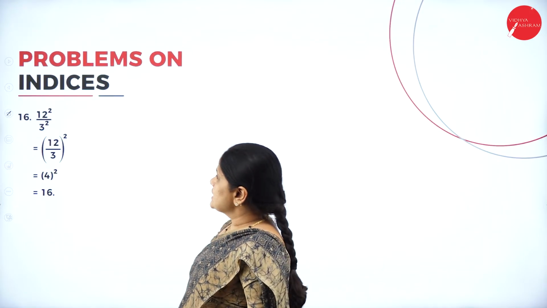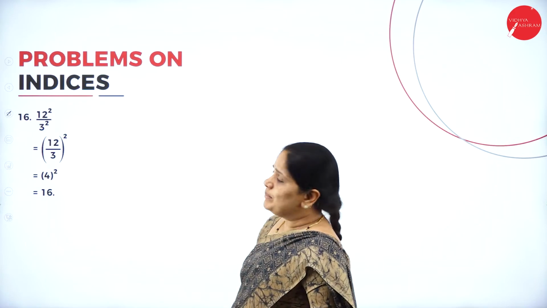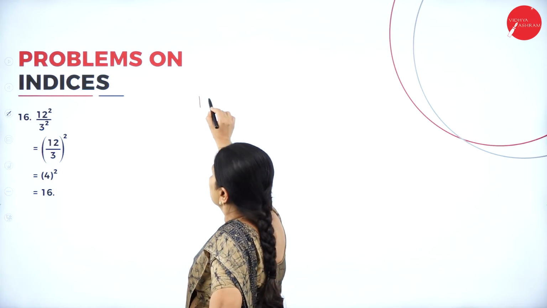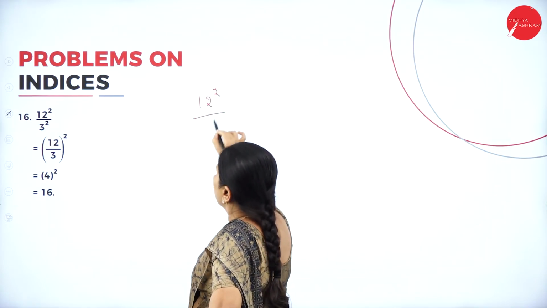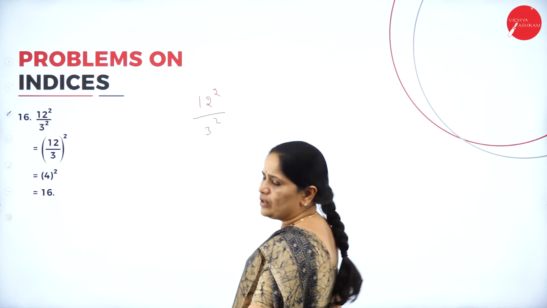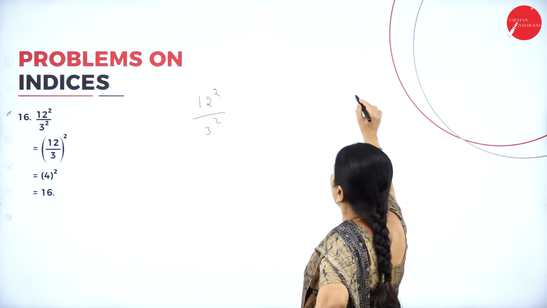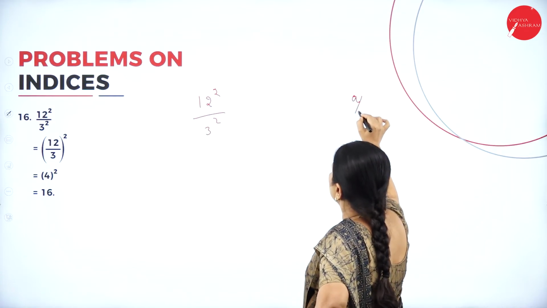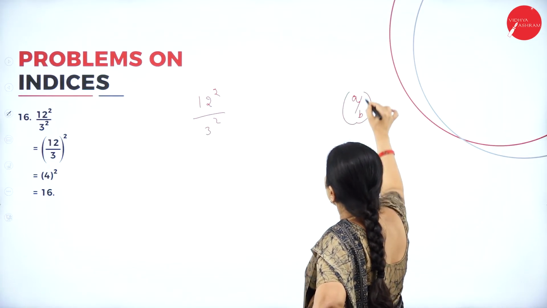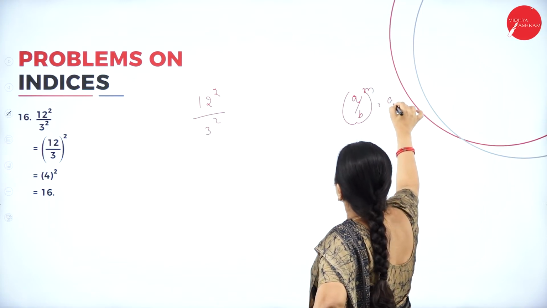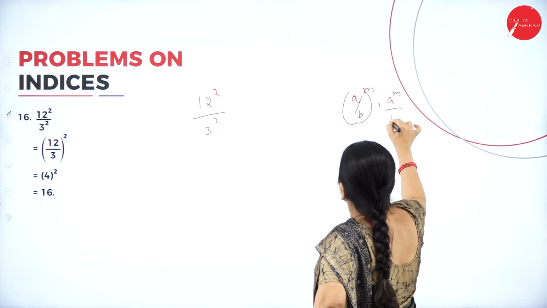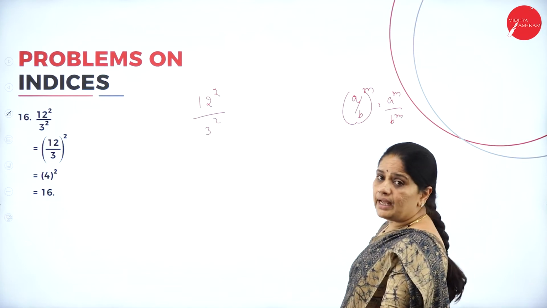Now, the next expression, what is the next problem given here? They have given us 12 square by 3 square. So, this is relating to the fifth law of indices. What does the fifth law of indices tell us? a by b to the power m equals a to the power of m by b to the power m.